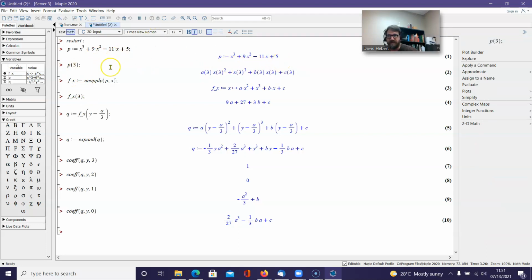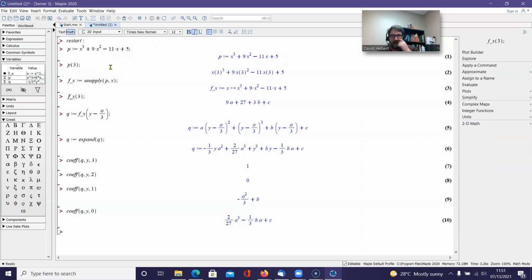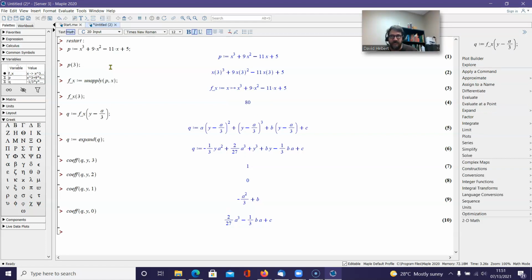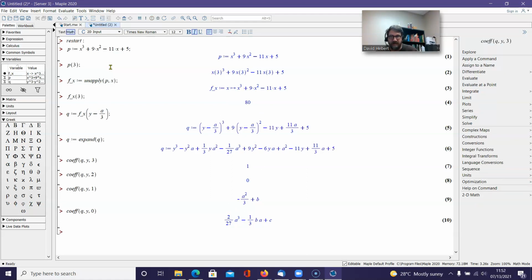Now, I still know this is a goofy command that didn't do anything, but I can make a function out of it. Now I can do f of 3 and show you I would get a number, 80. I can also still make q, and I can still expand q. Now I'm noticing something. You notice how I have A's in here?